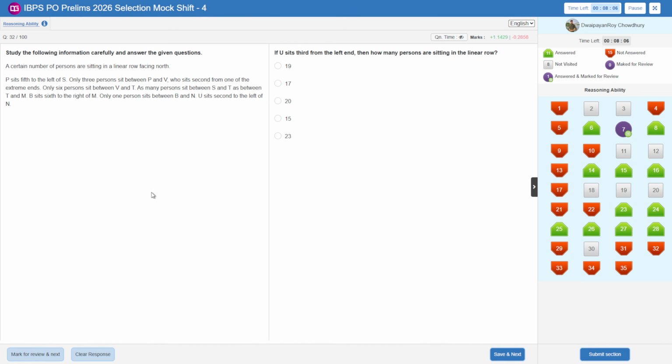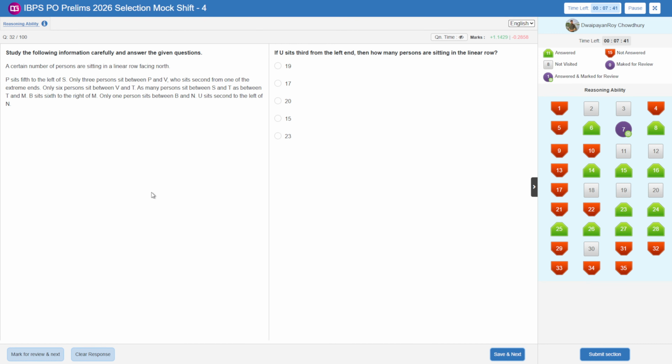Only 6% between B and T. So 1, 2, 3, P, and fifth to the left: 1, 2, 3, 4, S.